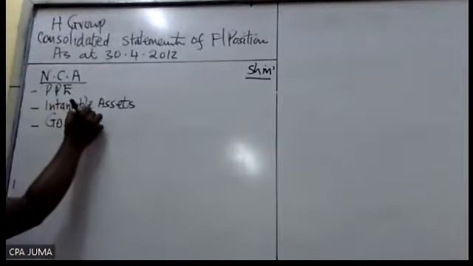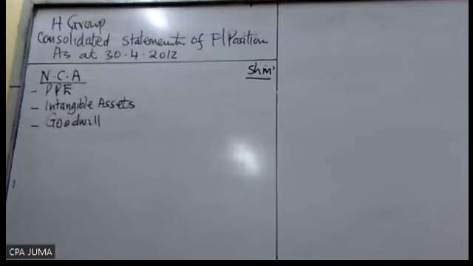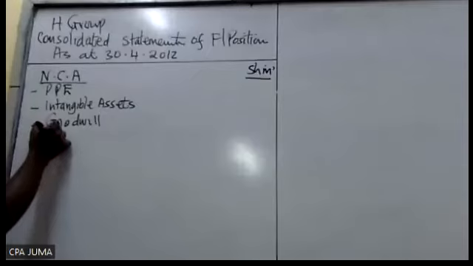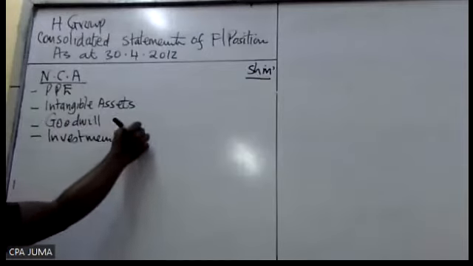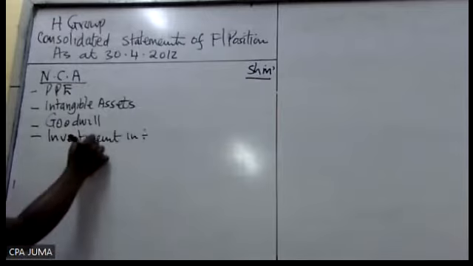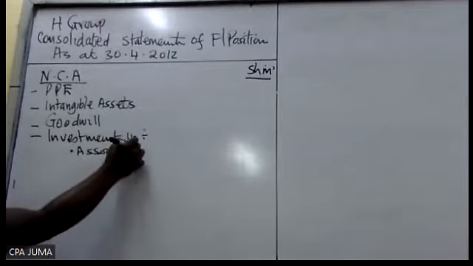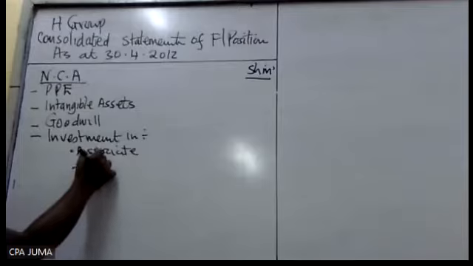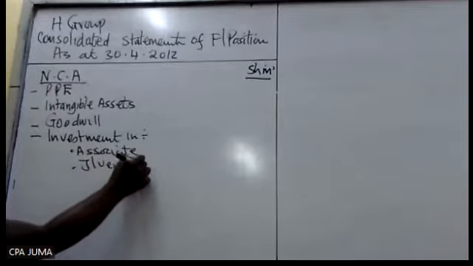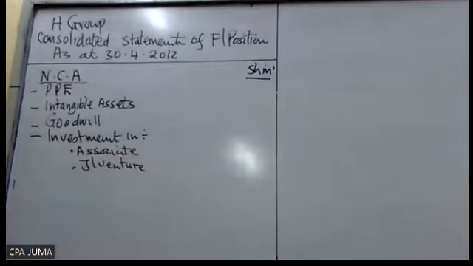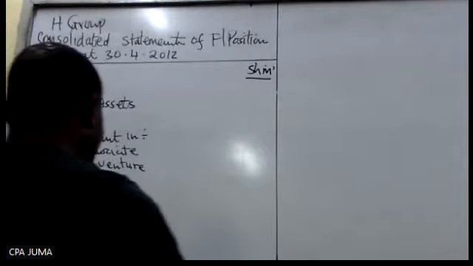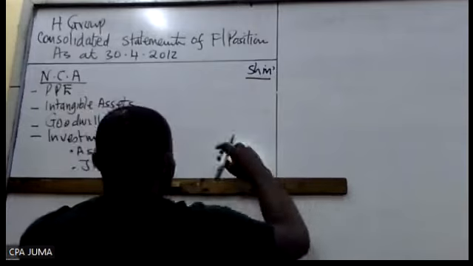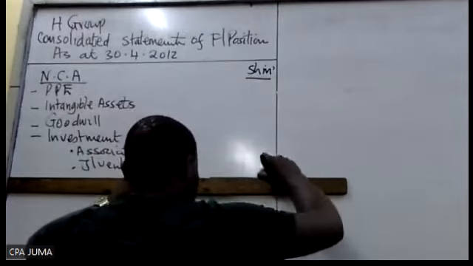With goodwill. What you have invested in the associate and joint venture should be captured here. So you say investment in associates, then joint venture. Then that is all for non-current assets.